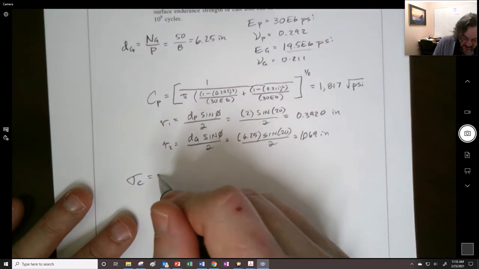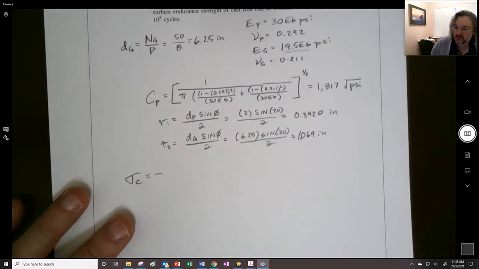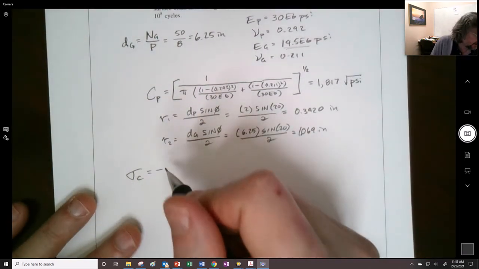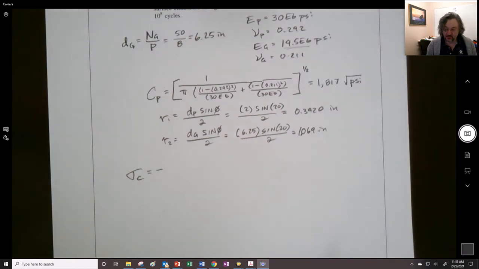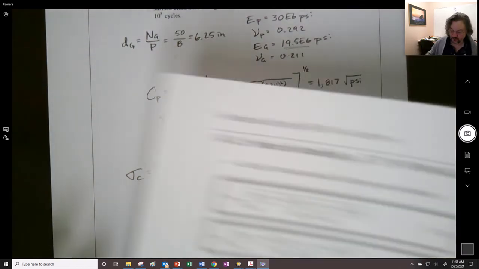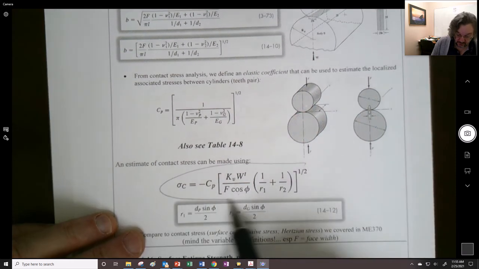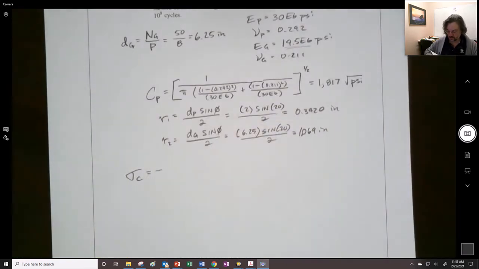And so now we can get the stress right here. And they put a negative in there because it's compression. I guess they just want to emphasize that. And remember that we're using this equation right here.